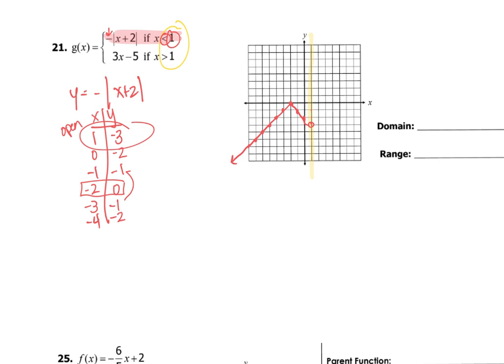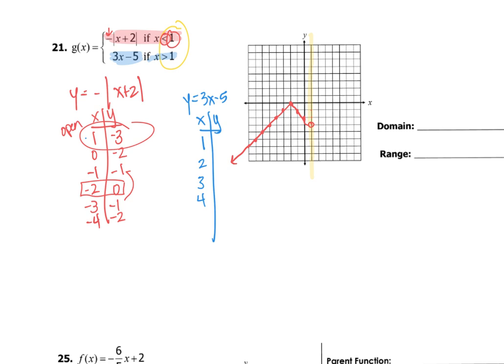Okay, now we're going to look at my second piece, which is y equals 3x minus 5 for x's that are greater than 1. New table of values because it's a new equation. We're going to start with 1. Notice they both start with the same number, and we're greater than 1: 2, 3, 4, and so on.